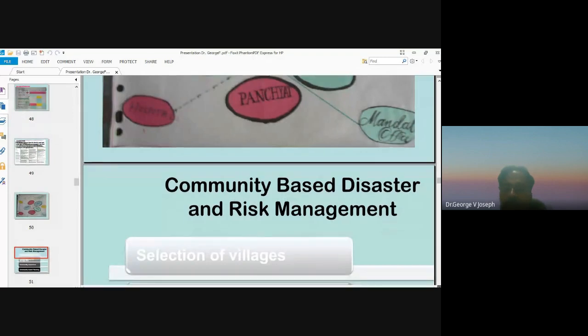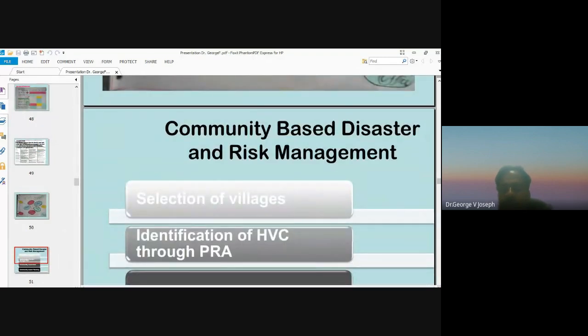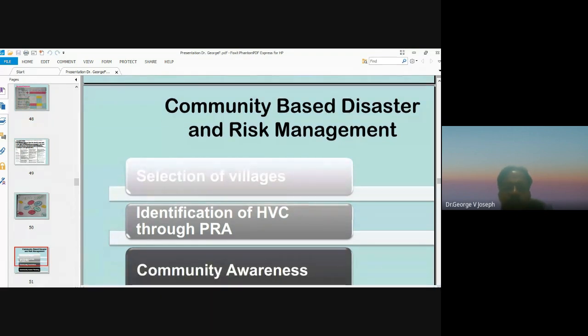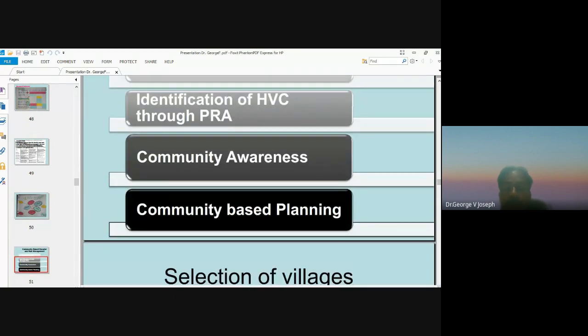Then, in our areas we have done so much community based disaster risk reduction process, wherein we selected villages. We have done the hazard vulnerability and capacity assessment through the PRA technique. We have done awareness and community based planning, implementation, and monitoring.